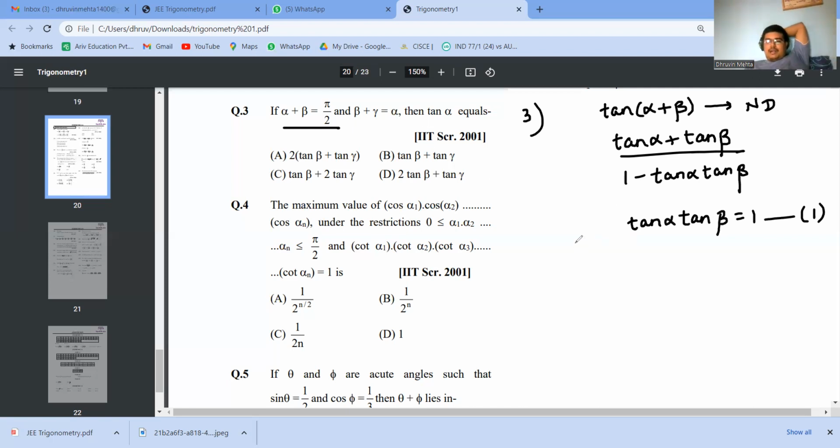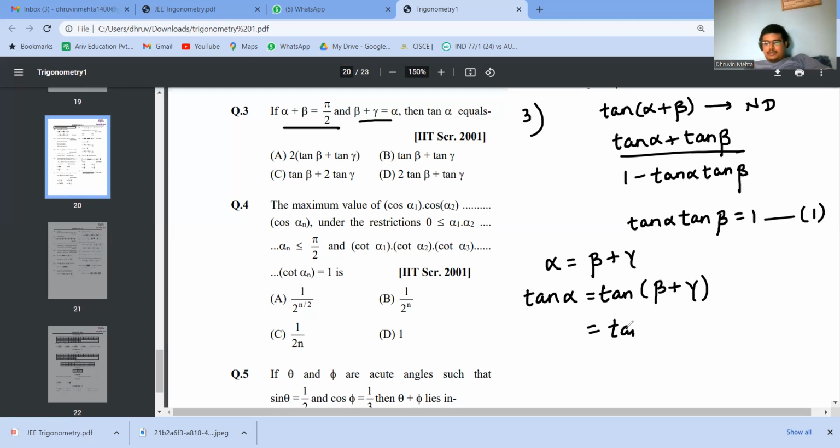Okay, now let's move ahead. We have alpha is equal to beta plus gamma. Alpha is given as beta plus gamma, and we need tan alpha, so take tan on both sides. Now solve this using the tan formula, and the answer will come in the next step. So you'll get tan of beta plus tan of gamma upon 1 minus tan beta tan gamma. Are you guys following this? But what do we know about tan beta, guys?